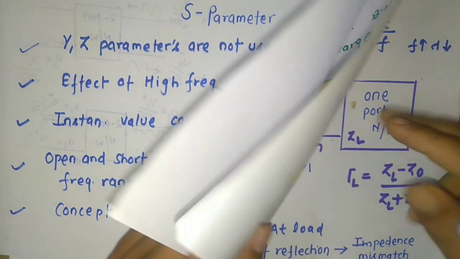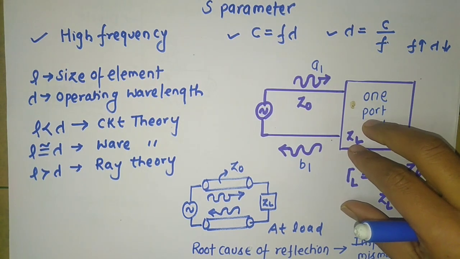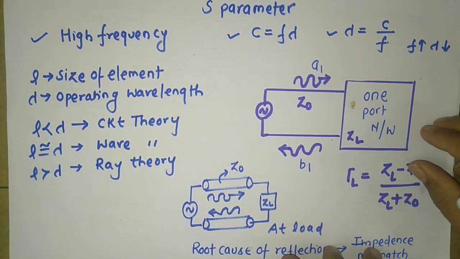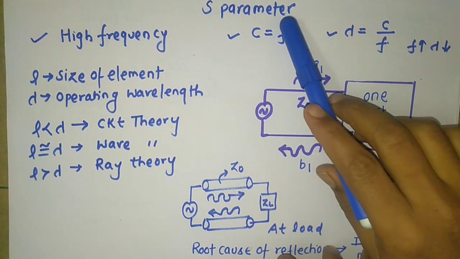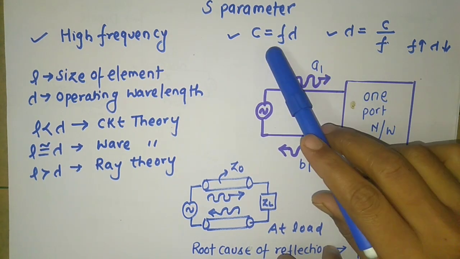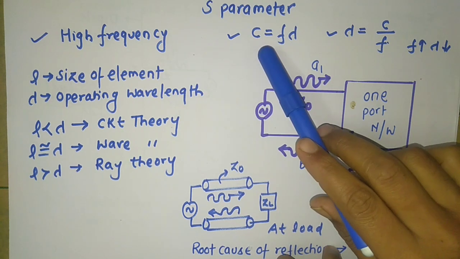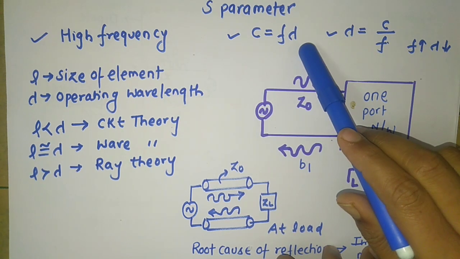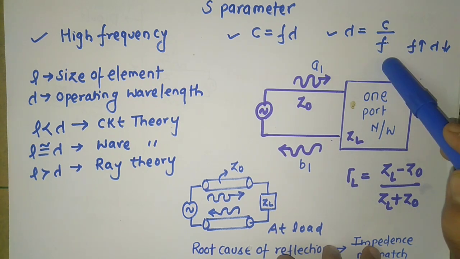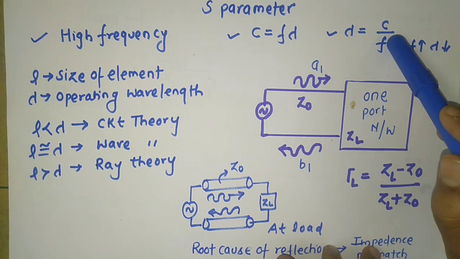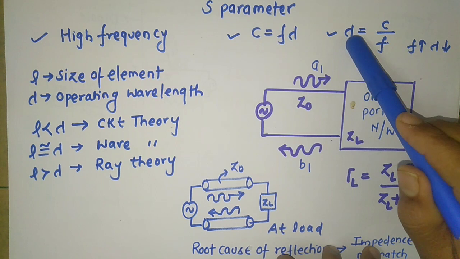As I told, in the case of high frequency, we use S parameter, and the well-known relationship is C is equal to frequency times lambda. We can write lambda is equal to C over frequency. If you increase the frequency, then lambda, the operating wavelength, will reduce.